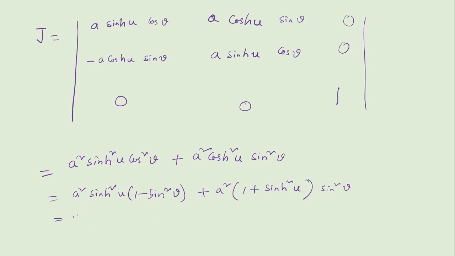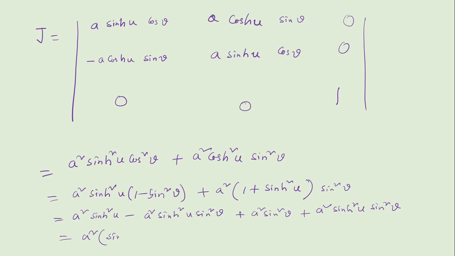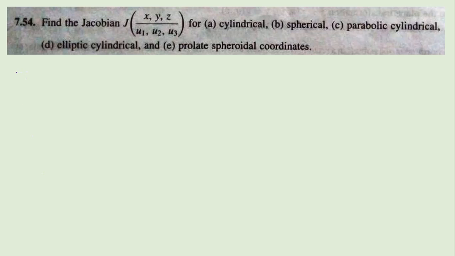So if you expand, that is a square sinh square u minus a square sinh square u sin square v plus a square sin square v plus a square sinh square u sin square v. These two are cancelled out, you will get a square, sinh square u plus sin square v. This is the Jacobian of this system. Go to the next one.